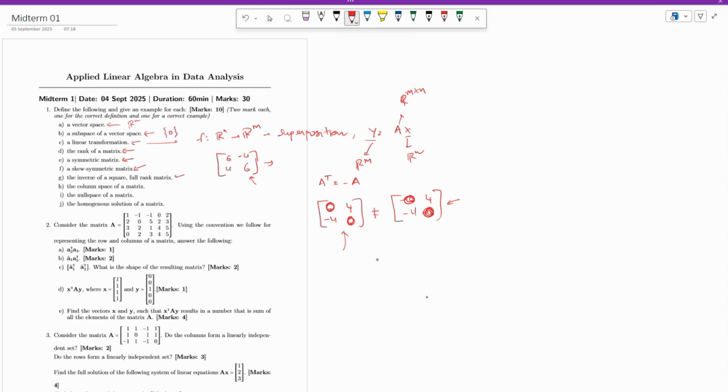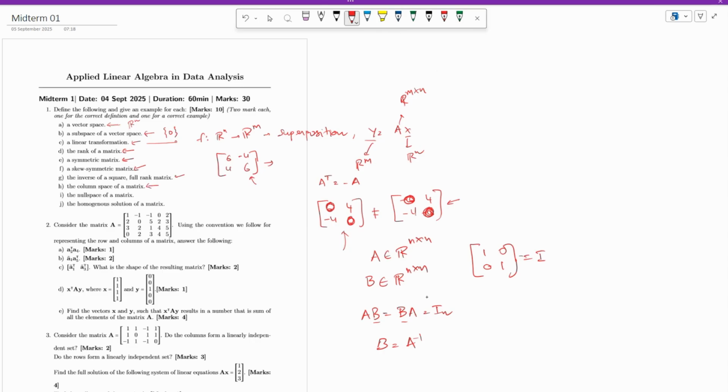Inverse of an n cross n matrix A is any n cross n matrix B such that AB equals BA equals I_n. That's the definition of an inverse. And in fact, that B is usually represented as A inverse. When we're asking for an example, all you had to do was give 1, 0, 0, 1. This is I. This is the inverse of itself. If you had just done that, that's fine.